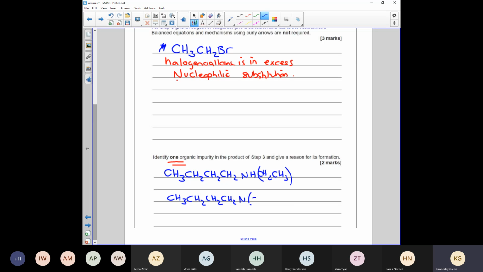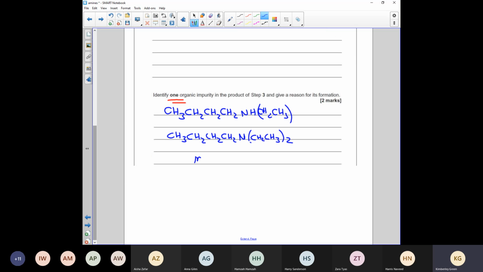And maybe two of them might have been substituted, rather than it forming the ion. And either of those could be formed because of an incomplete reaction. So you didn't have to get both of them, just one of them.